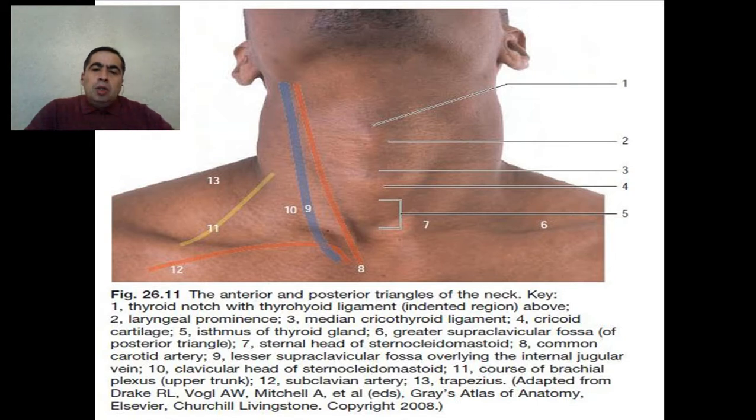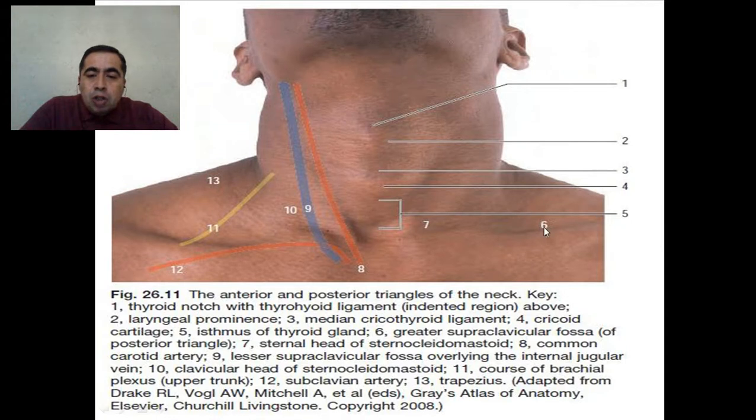And you must know that in 35% of the cases, the third lobe of the thyroid gland, the pyramidal lobe, can begin from this isthmus. You can find here in 35% of the cases the pyramidal lobe.